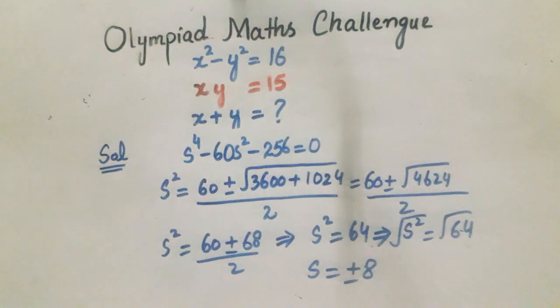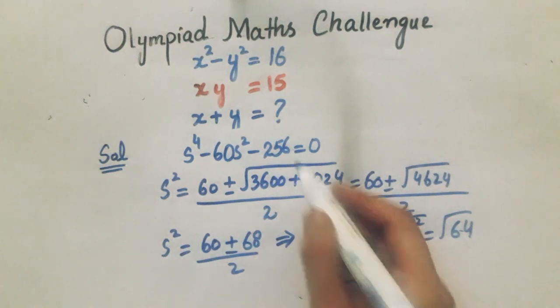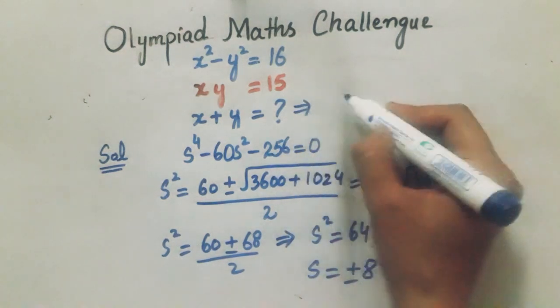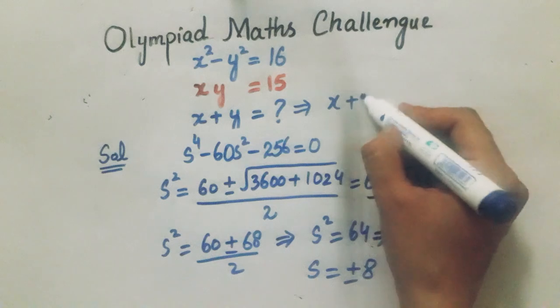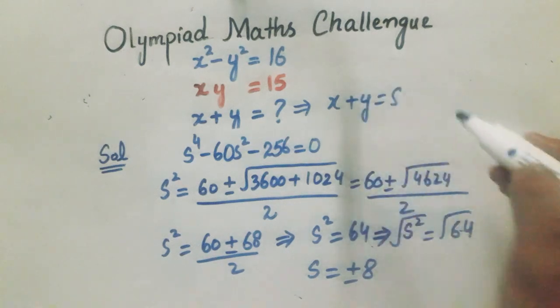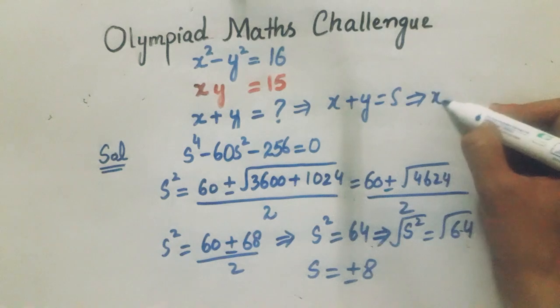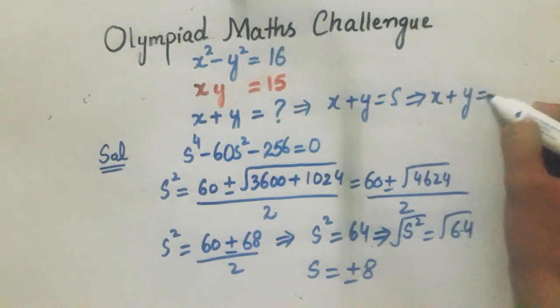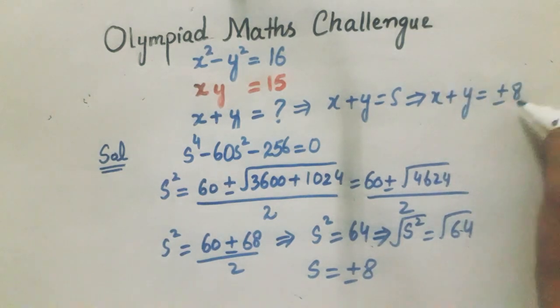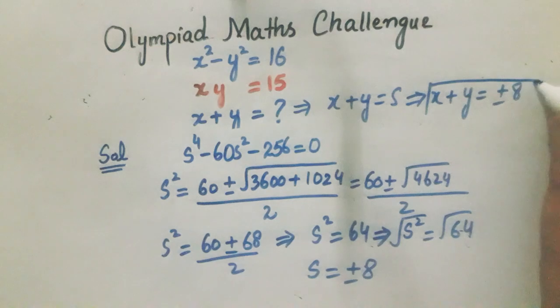So this is the value of s, and we have supposed that x plus y is equal to s, which implies that x plus y is equal to plus minus 8. So this will be the solution of this question.